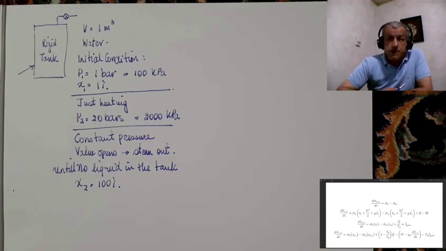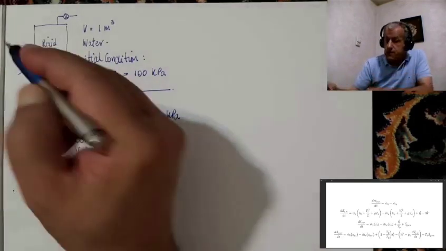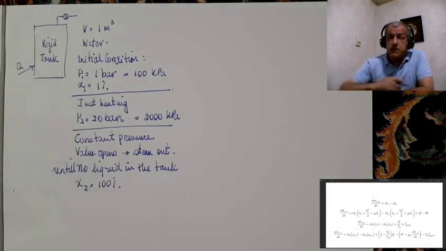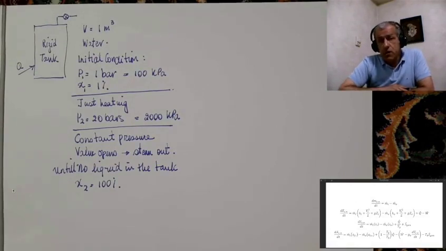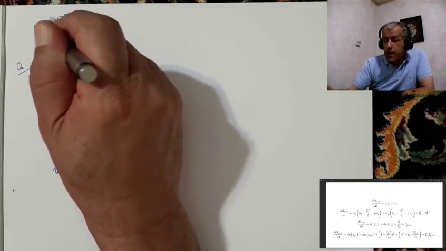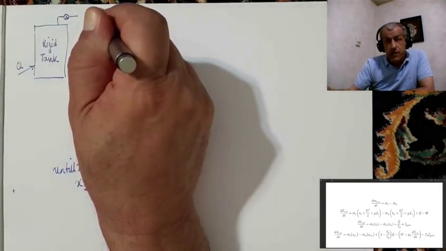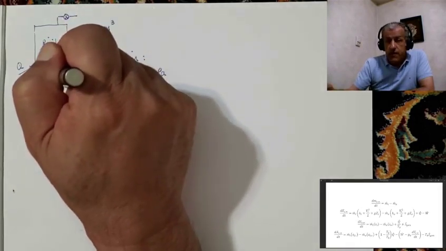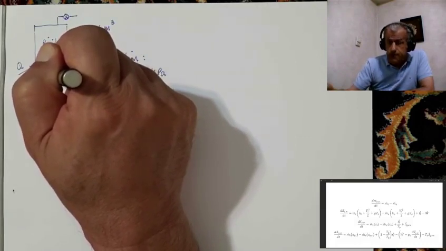Why? Because the canister absorbs heat from the surroundings so that the temperature remains constant. A constant temperature would also mean a constant pressure. The process continues until all liquid in the tank has turned into vapor and gone out of the valve. It ends when there is no further liquid in the tank and therefore the pressure starts to drop.